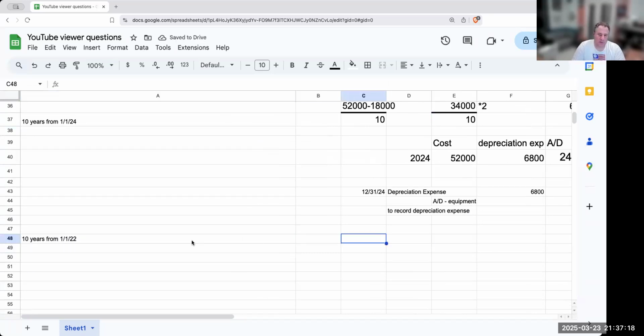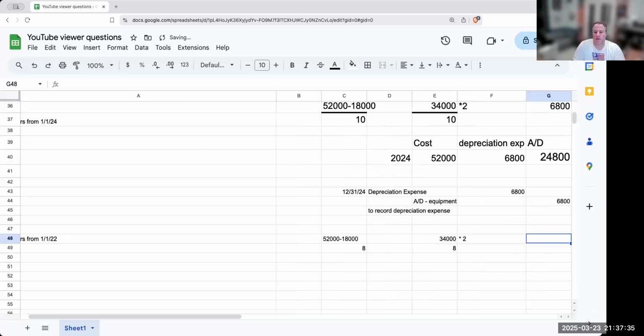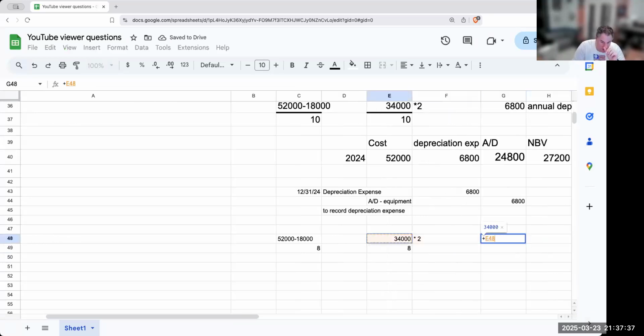Then you would take 52,000 minus 18,000 divided by 8, which is really the asset's remaining useful life, or 34,000 divided by 8. And then we would multiply this result times 2. So this would be 34,000 divided by 8 times 2, and I would get 8,500. So instead of 6,800, the answer would be 8,500.